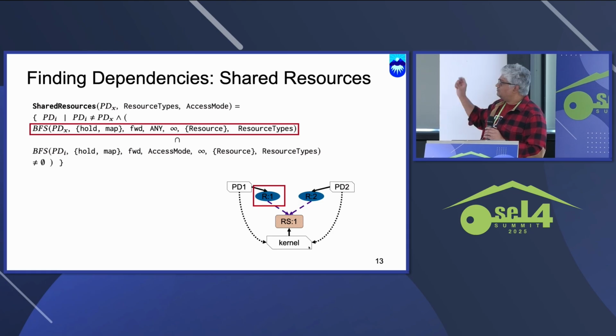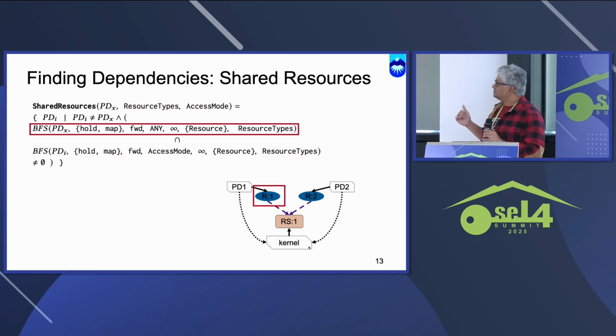So let's look at the first query in a little bit of detail. The shared resources query eventually boils down to a breadth first search query. So imagine for PD1, we want to find out all the resources it has access to. We run that BFS query, which traverses only hold and map edges in a particular direction and looks at only particular resource types.